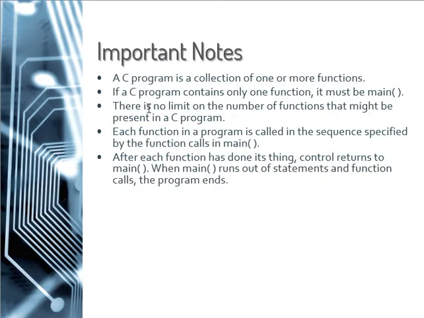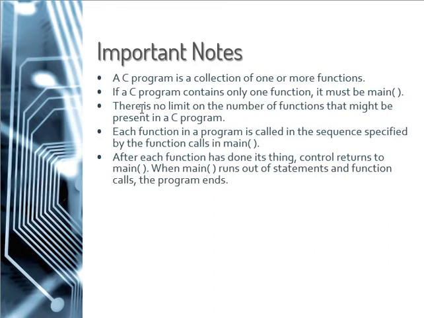Okay? If a C program contains only one function, then it must be main. So, meaning, a C program should always have at least one function, and that should be your main. Okay? There's no limit on the number of functions that might be present in your C program.